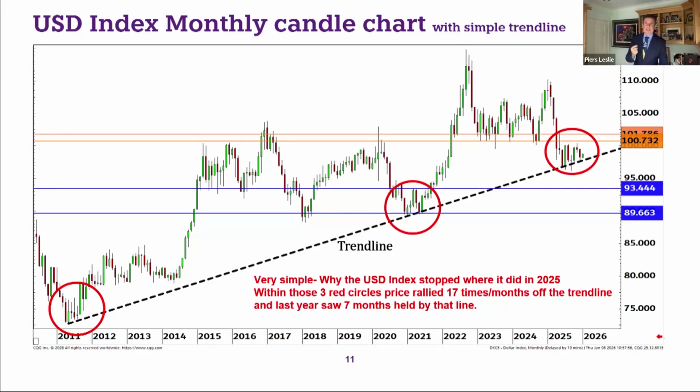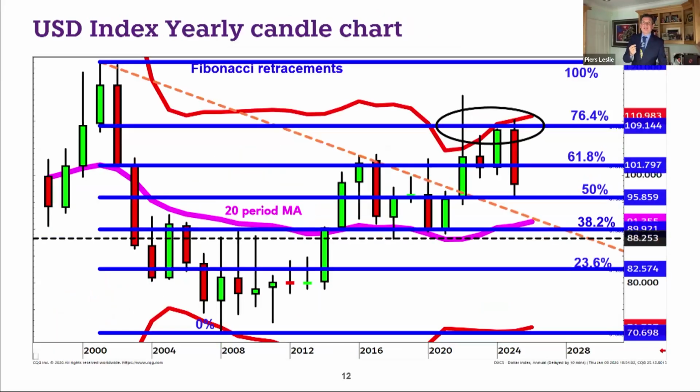Because if we go to the next chart, this is the dollar index yearly chart. This actually helps us a lot because this shows us where the price action stalled. The price action stalled at the 76.4% retracement. That was the high on the dollar index last year.